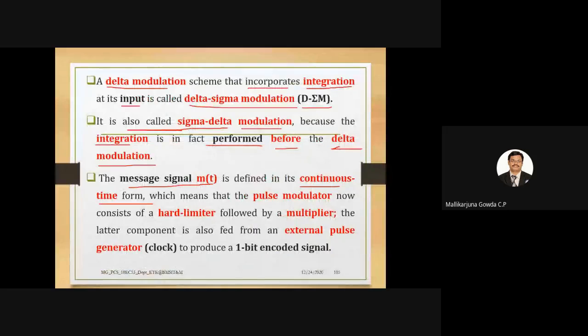The pulse modulator now consists of a hard limiter followed by a multiplier, and the multiplier is given another input, an external pulse generator, that will be used to produce the 1-bit encoded signal.